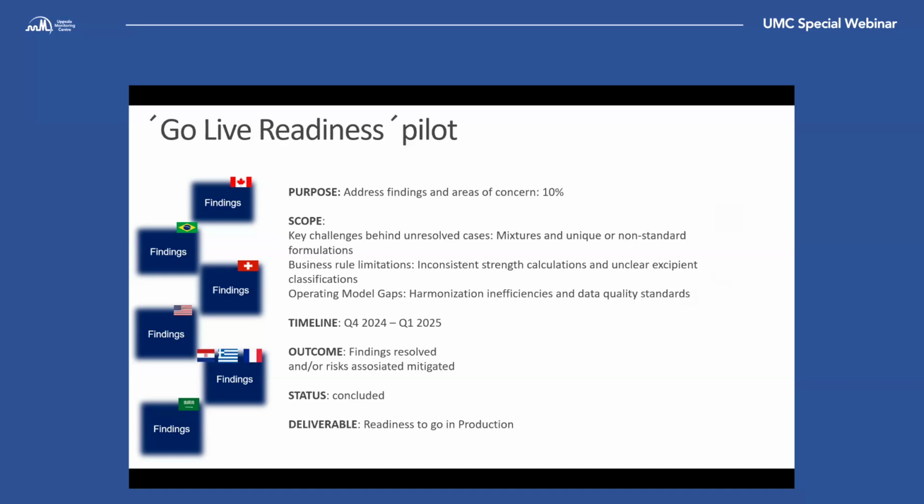We also had to address operating model gaps, such as harmonization insufficiencies and variation in data quality standards. The outcome was that all the findings were resolved and all the risks were mitigated, meaning that we were confident by, let's say, Christmas last year that the system is ready for production.